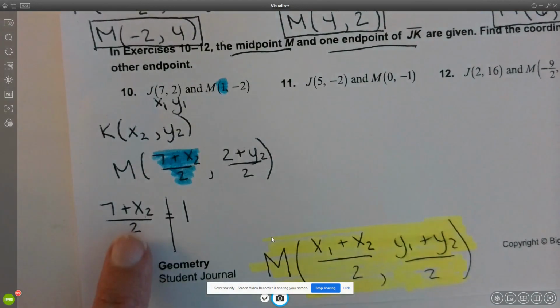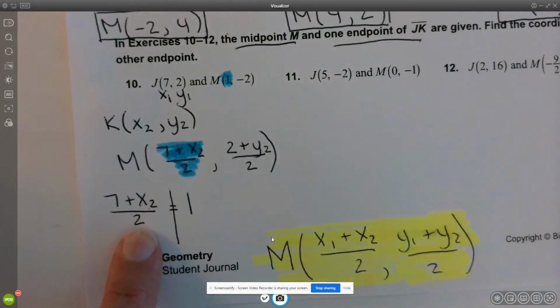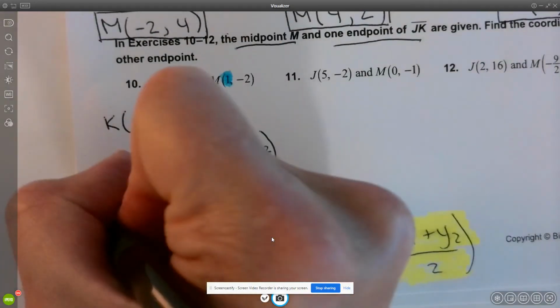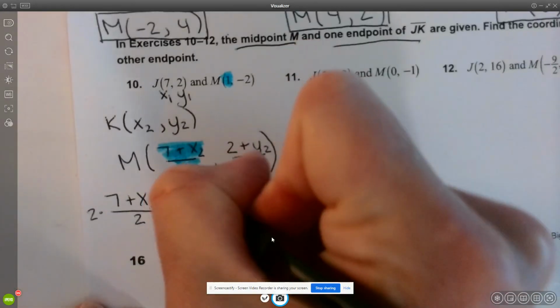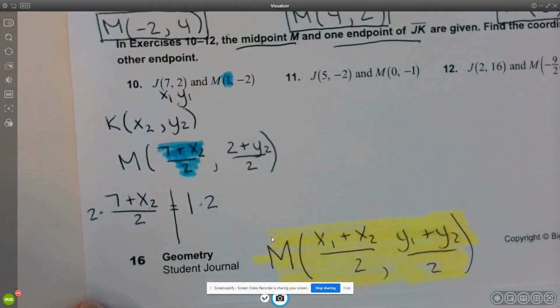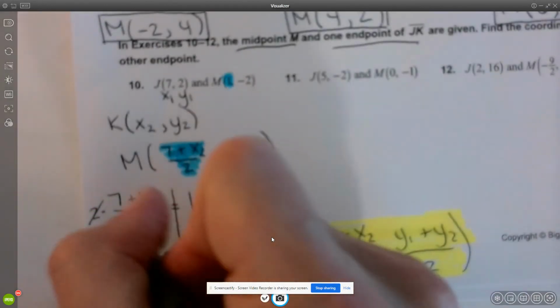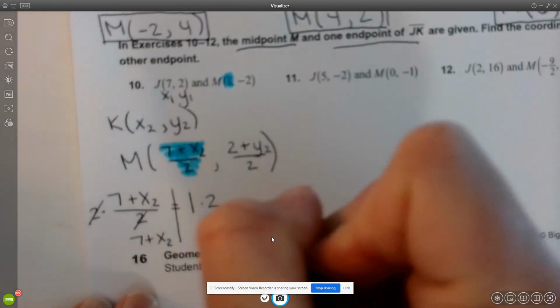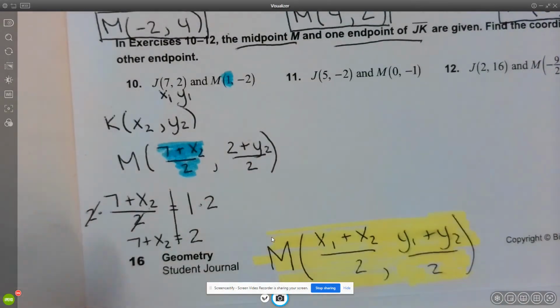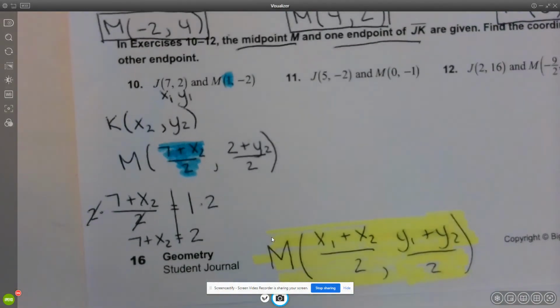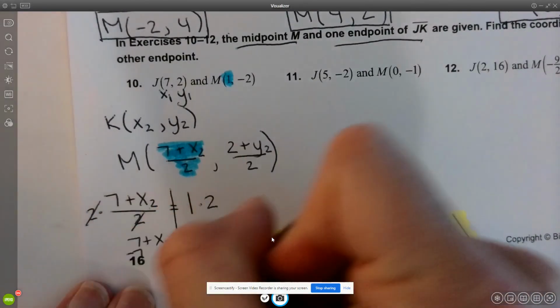To solve this equation, I need to get rid of the denominator 2 first. So I'm going to multiply both sides of my equation by 2. And this tells me that 7 plus x2 is equal to 2. Now I need to subtract 7 from both sides.